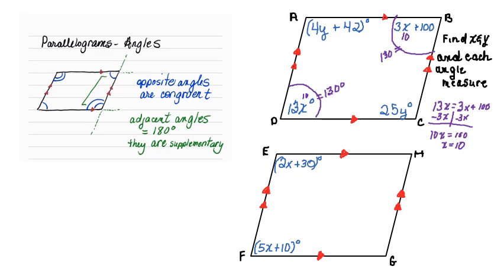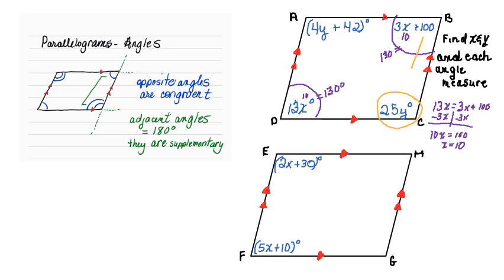Now, by right, there's a couple of ways that we can do the rest of the problems here. We could let them be equal to each other. Or we could use the fact that, hey, gee whiz, if that's 130, then we know the one down here added to the one up above equals, oh, they're supplementary.